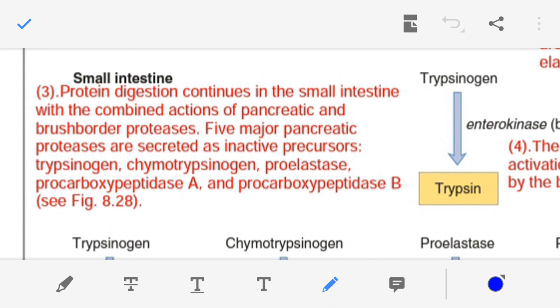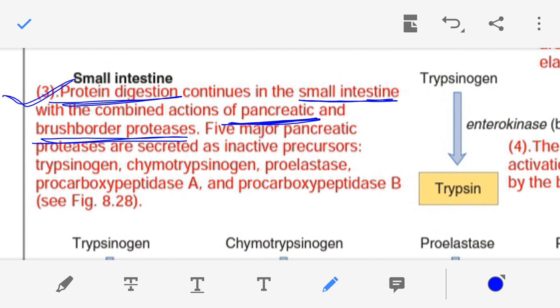So the process of digestion is continuing in the small intestine, and on the protein, the pancreatic enzymes are involved in the protein digestion, and in the small intestine, the brush border proteases are also involved in protein digestion.